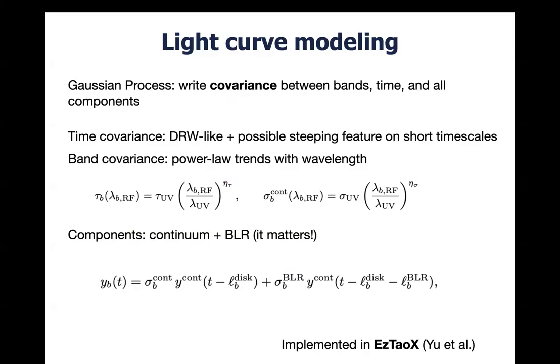And then we assume there can be some additional component from something else, probably the broad-line region. And that actually matters, because if you don't correct for this, you get wiggles on the Hubble diagram from the color variation of the variability due to the BLR. So you kind of have to do photometric reverberation mapping to do this.